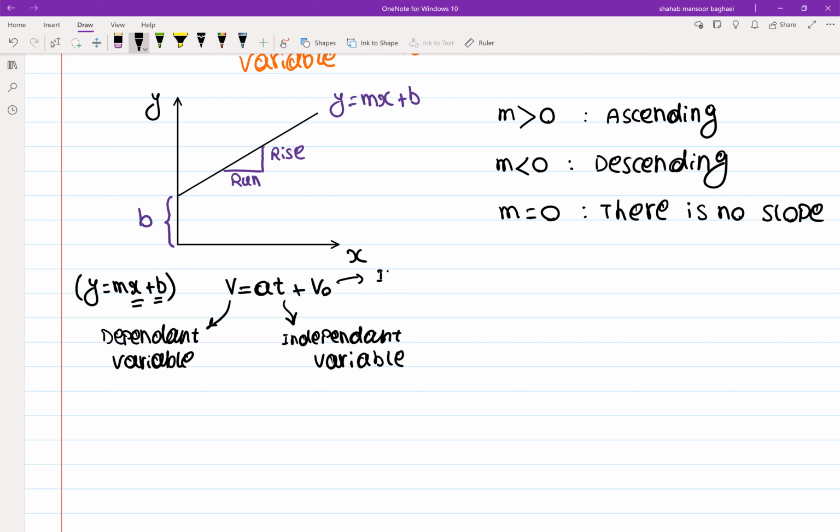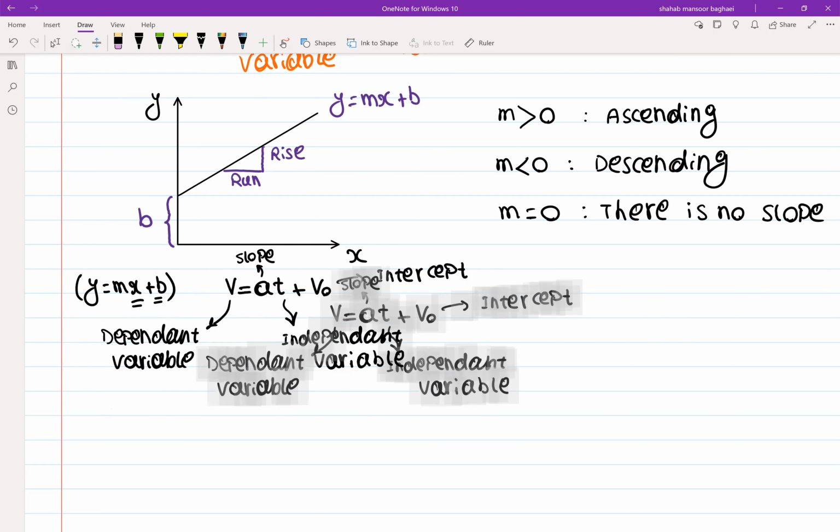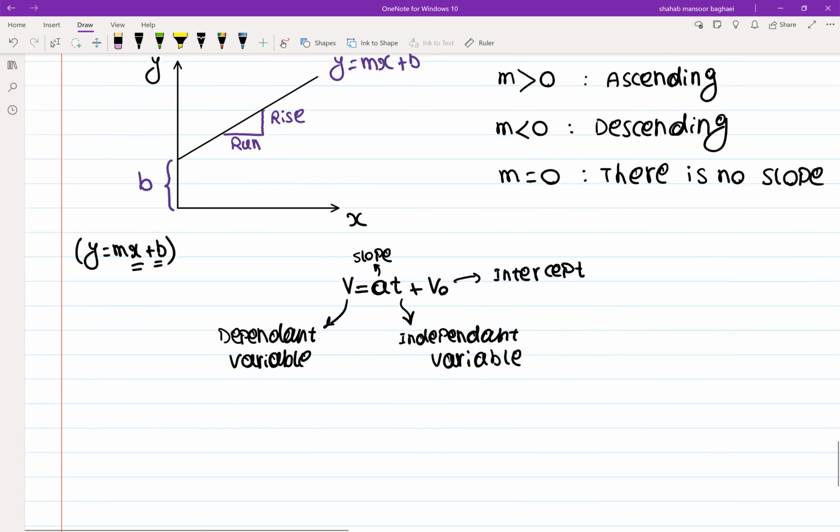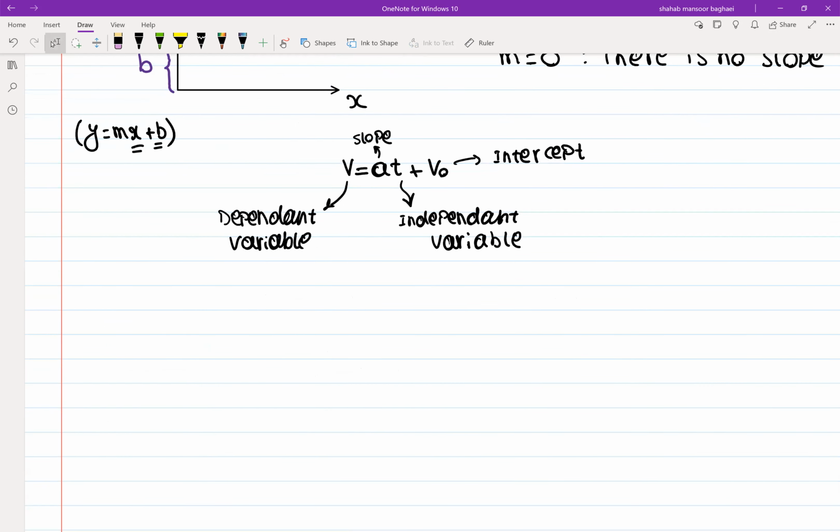That's the intercept. Or initial velocity is the intercept on your graph. And acceleration a is the slope. Consequently, you can have this justification here. Therefore, I can plot it.